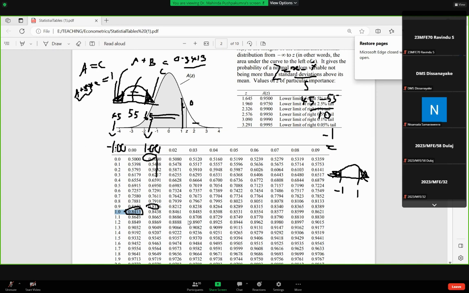Once you subtract this value from 1, you get the answer for C. Then you subtract C from A plus B, or rather subtract that value from 1 twice, to get the value for B. It becomes 0.68. Now it should be clear to you. If you have any further clarification, you can raise it.